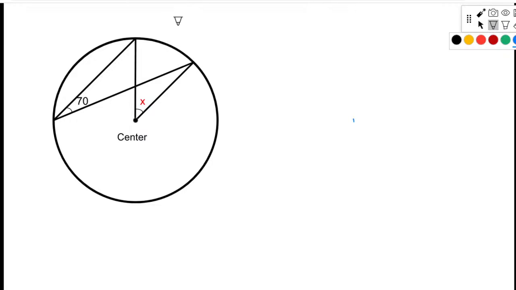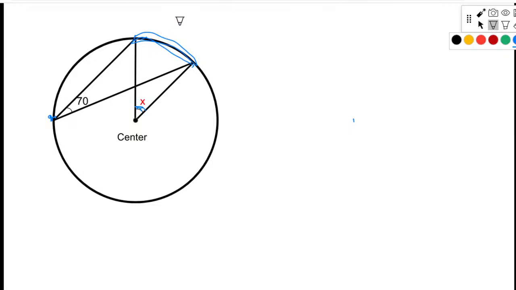So in a circle, we need to find the degree of this angle, and this is the center. So let's see, we have an angle where there is the arc, and there's the angle at the circumference, half as big as this one.